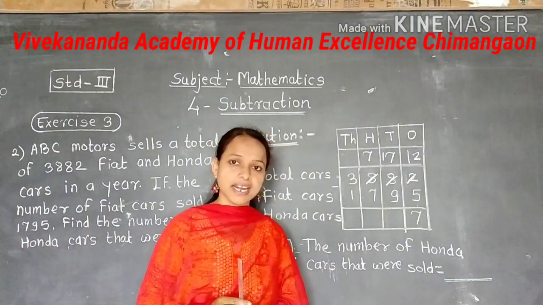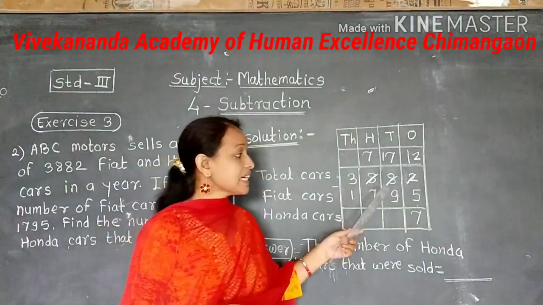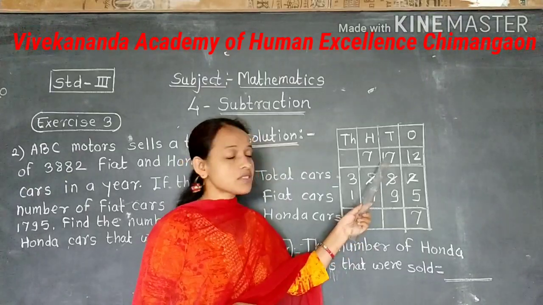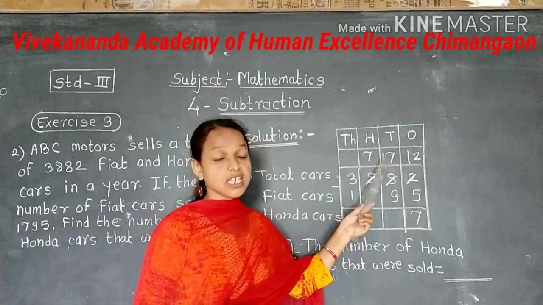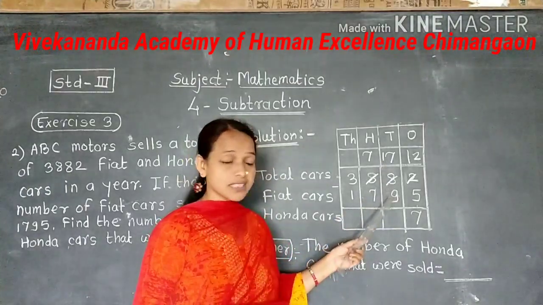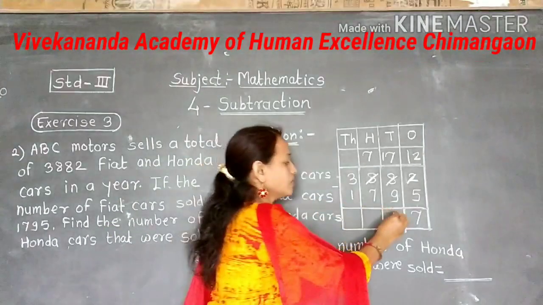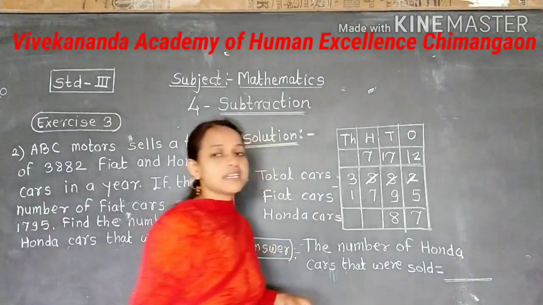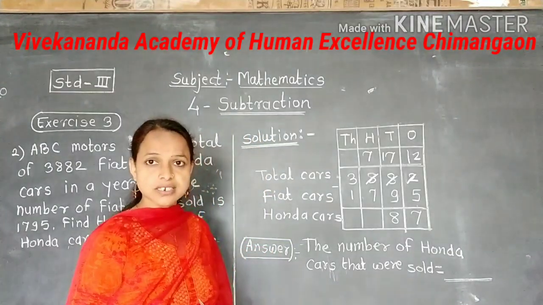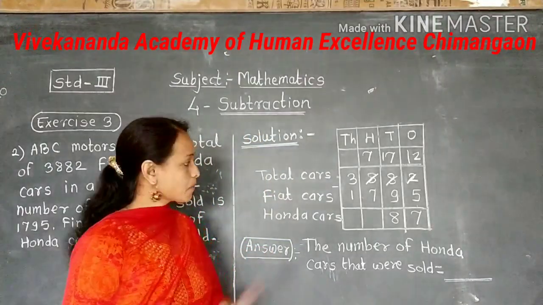Now we can subtract tens. Subtract 9 tens from 17 tens. 17 tens minus 9 tens remain 8 tens. So we write 8 in the tens place.